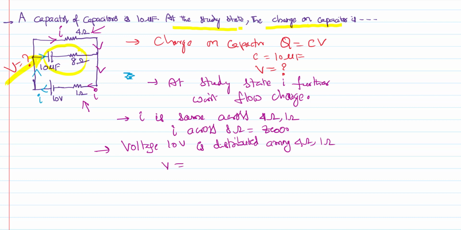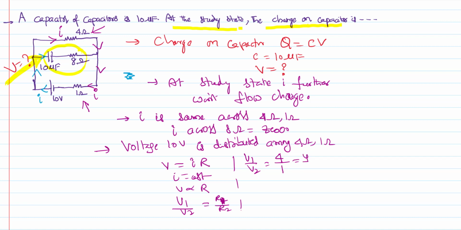As they are in series, V equal to IR, I is constant, V is directly proportional to R. That means V1 by V2 equal to R1 by R2, where R1 equal to 4, R2 equal to 1. That is 4:1. So the entire 10 volts has to be distributed in the ratio of 4:1.